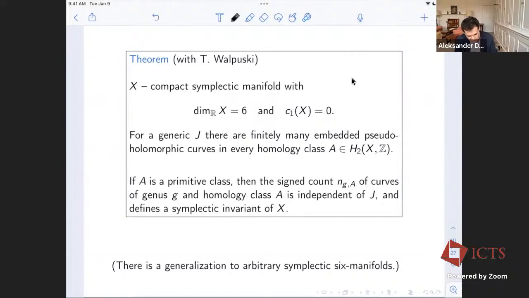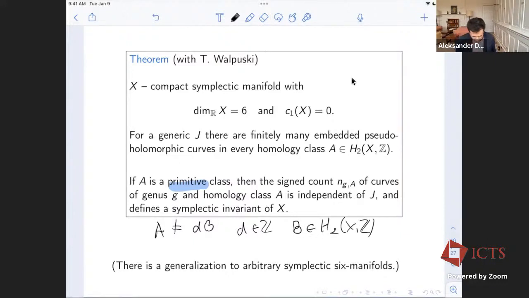So by primitive, here, what I mean is that A is not equal to dB for d an integer and B in integral second homology.